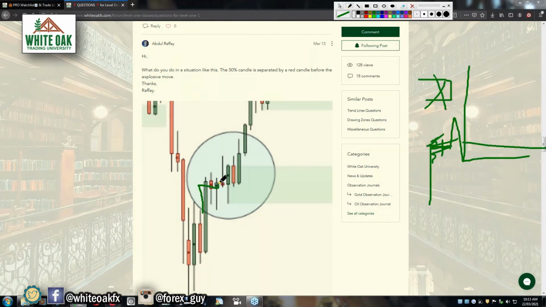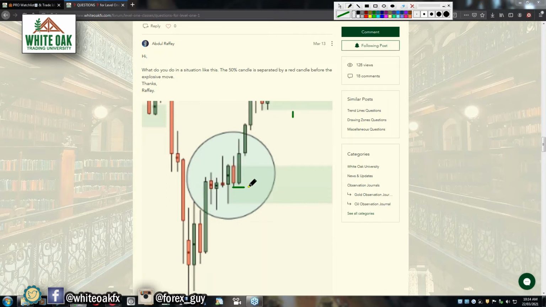You would only be looking at rally gap up, or it closed here, rally, drop, and then a move up. So the beginning of the move is there. Okay, so it would be from here to there, the demand zone.